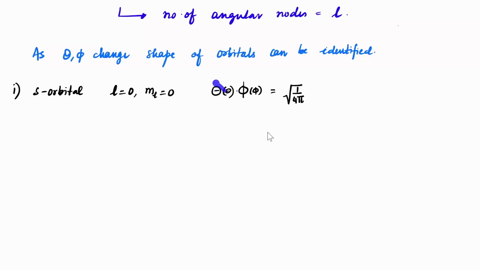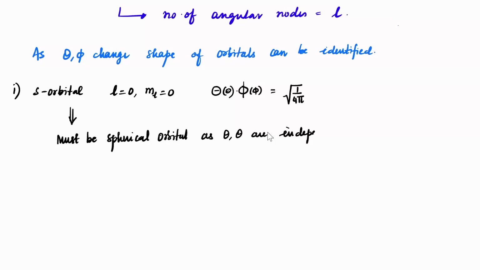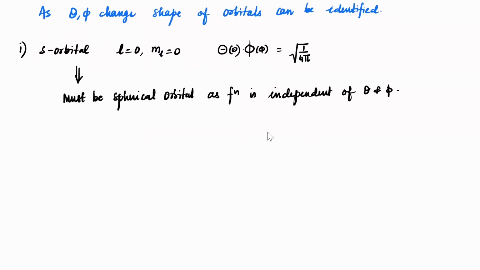So because the function is independent of theta and phi, we can say that the orbital must be spherical.